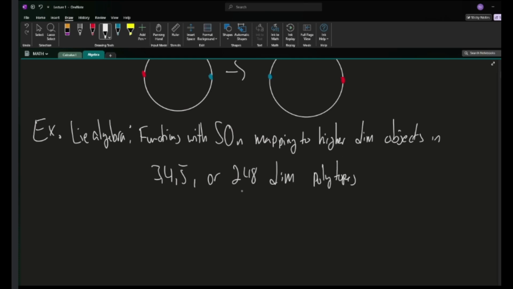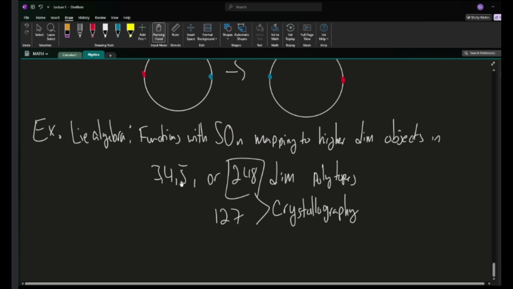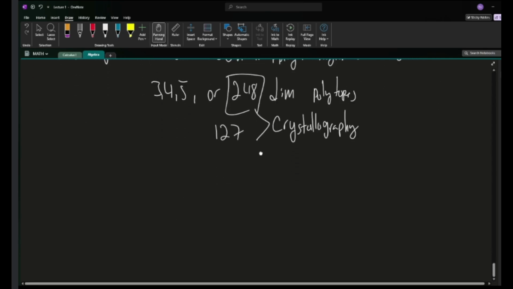I just thought that was really cool, especially when he cuts it down to 248, or maybe even 127. These are specifically dealing with these concepts in crystallography. So I thought that was a fun fact.